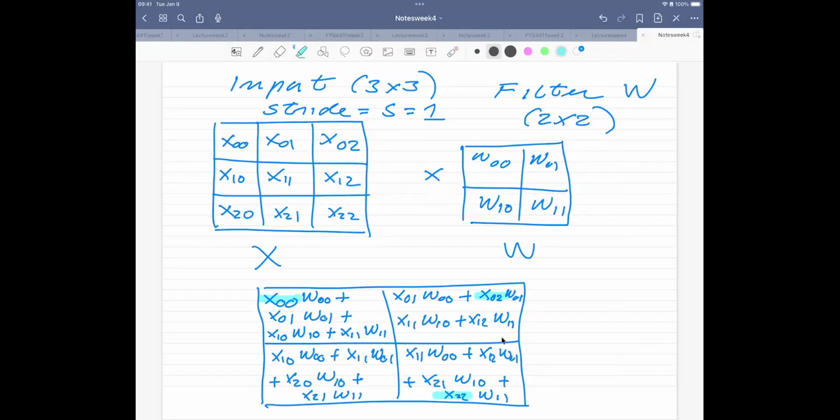So depending on how you want to carry information with you, you can introduce a new so-called hyperparameter. And that hyperparameter is called padding. So padding means that you can put a layer outside here with just zeros.